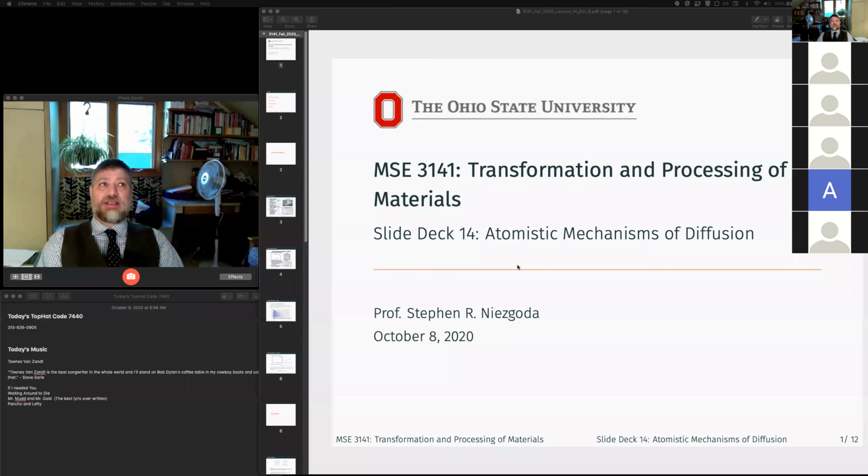If we're trying to get certain phases to be present in our material, we want to enhance diffusion. So this is just a really important kind of topic, right?